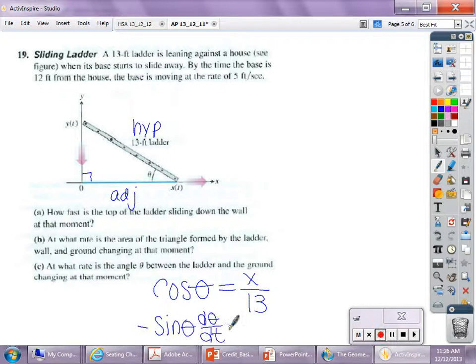Do you guys remember how we had to deal with the theta part? We can't find theta, but we can find sine of theta. Sine of theta is opposite over hypotenuse. We're doing this by the time the base is 12 feet. So this is 12, this is 13, so that has to be 5 at the instant. Now, this is an instant picture. Meaning, don't you dare put a number in for x. You can't do it till you take the derivative.